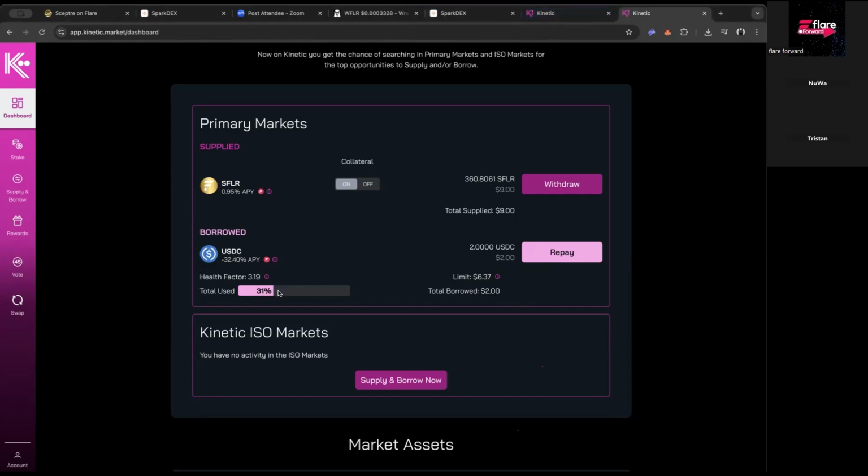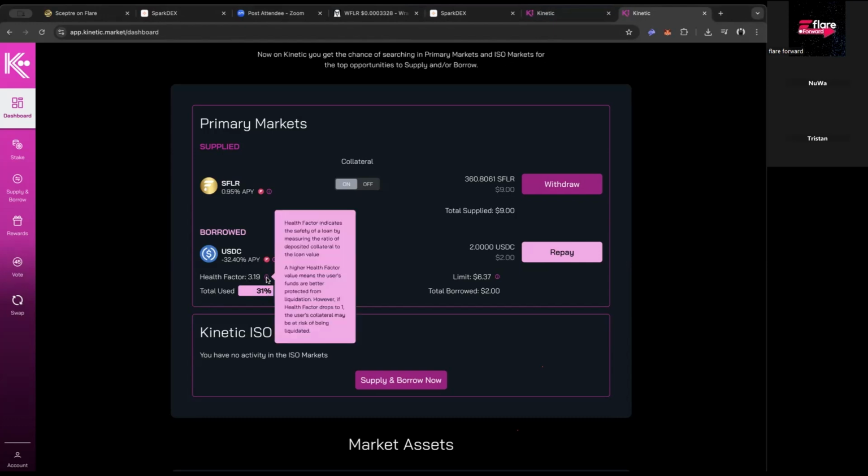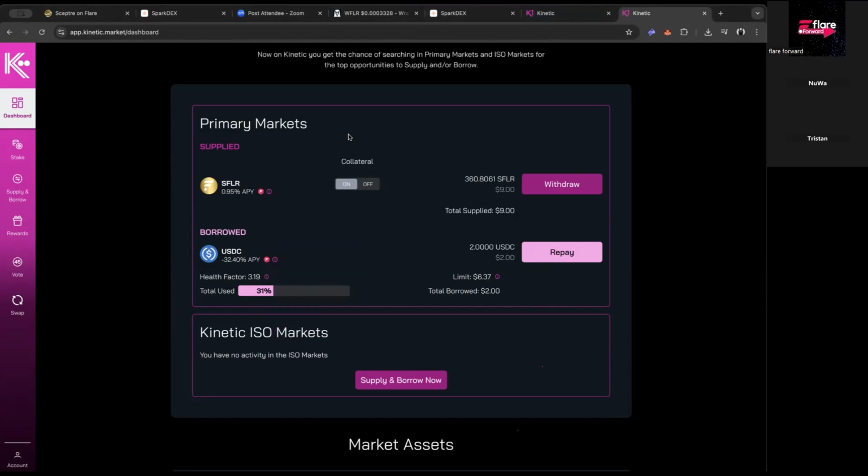So don't let it increase any further than here, essentially. Correct. So for example, now I'm pretty much at my computer, and I have the health factor around 1.92. That means the price would need to halve from what it is right now overnight for me to be liquidated, on the SFLR side.